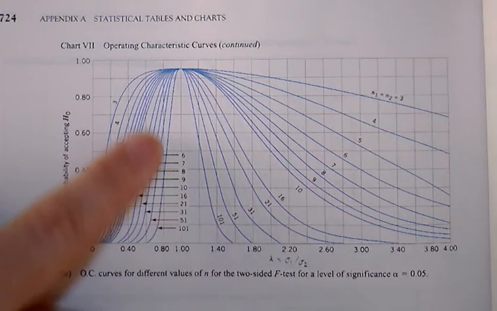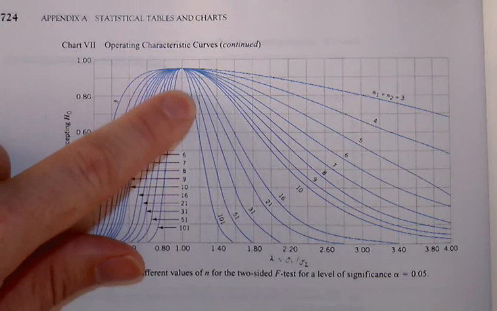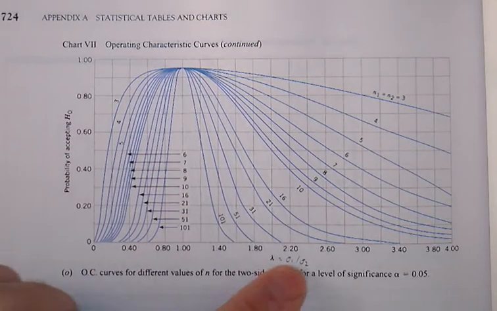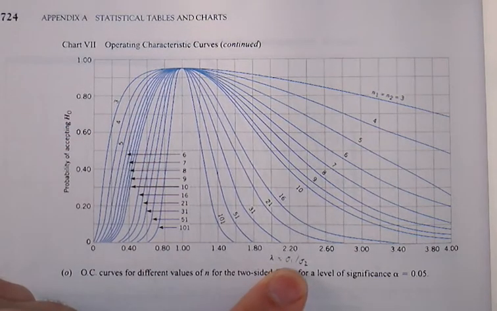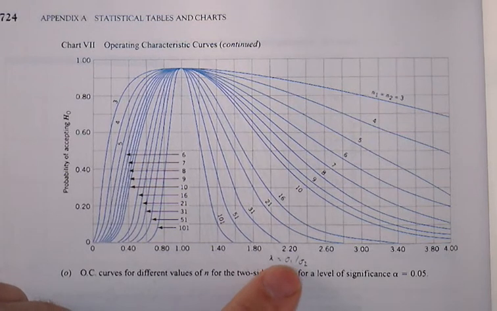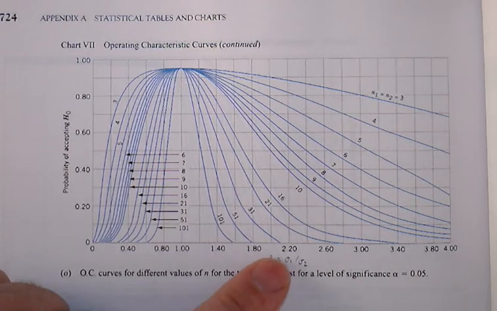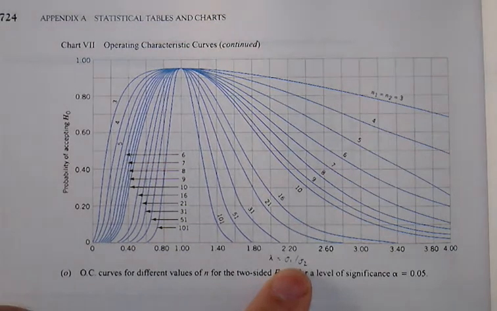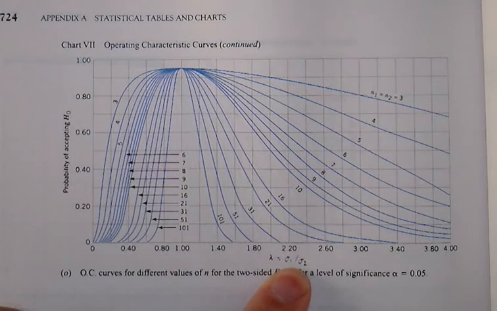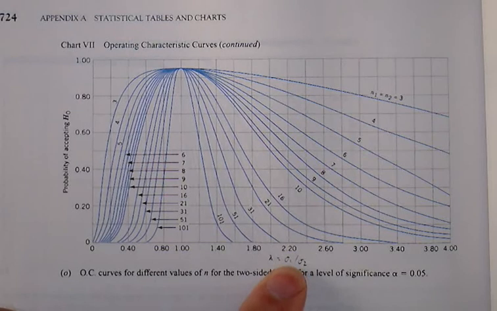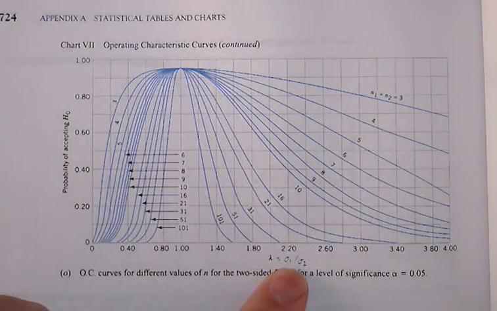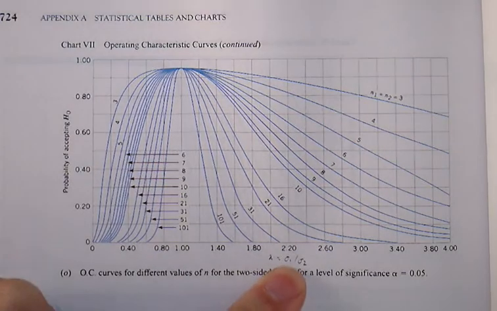Notice how fast these curves drop off, though, as this ratio gets a little bit bigger. So if we have the expectation that these variances are different, well then, and by the way, it dawned on me that I'd have to go look in the body of the text. Is that supposed to be sigma 1 over sigma 2, or is it the variance of 1 over the variance of 2? I think it's this one, but you'd have to double check. Again, it really should be right here in the table, but it's not.